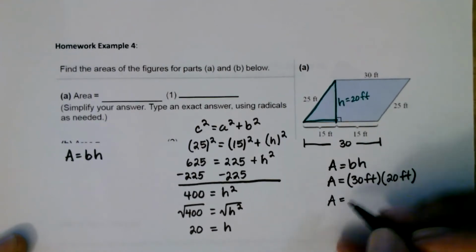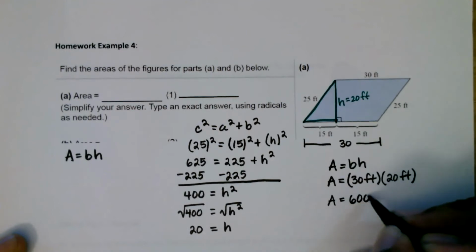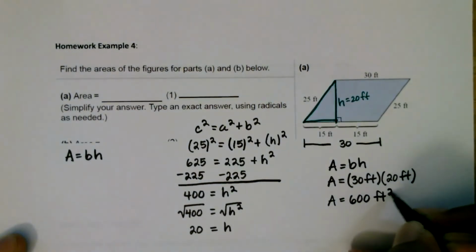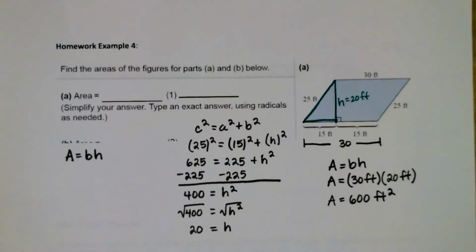So 30 feet times 20 feet will be 600. And it's going to be in square feet because area, if you recall, is always in square units. So here, the area of that parallelogram is 600 square feet.